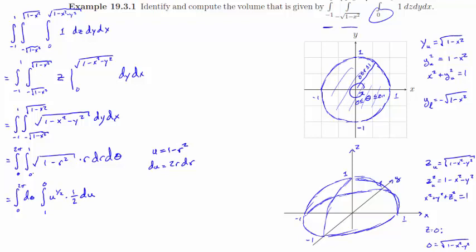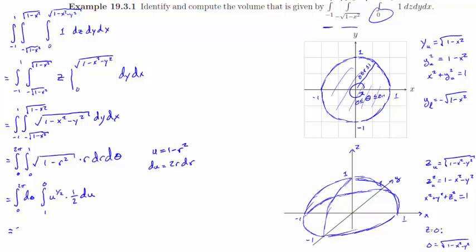So what I did is I recognized that my inside integral with respect to r has no thetas in it at all. And so I'm able to calculate that separately from the integral with respect to theta. So I pulled the d theta in with the 0 to 2 pi integral. And then here I switch my bounds. If r is 0, then u is 1. If r is 1, then u is 0. And we get the 1 half from the 2r dr in what we got for du.